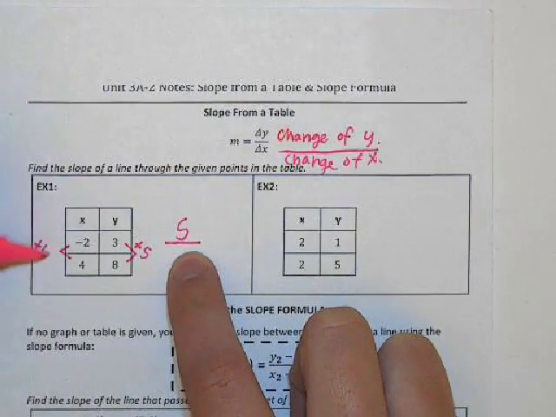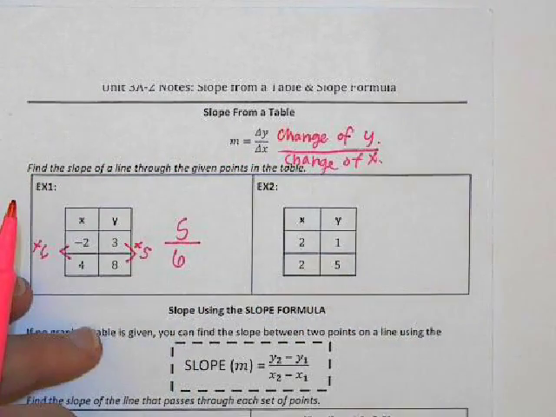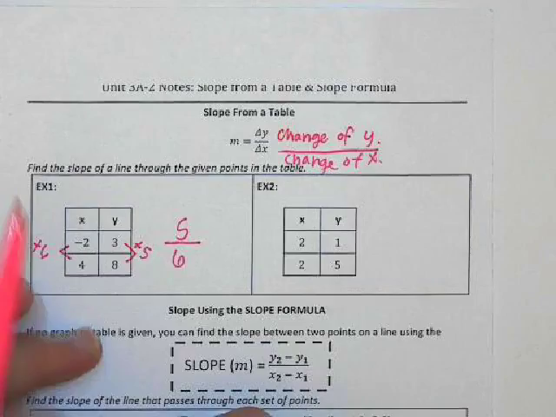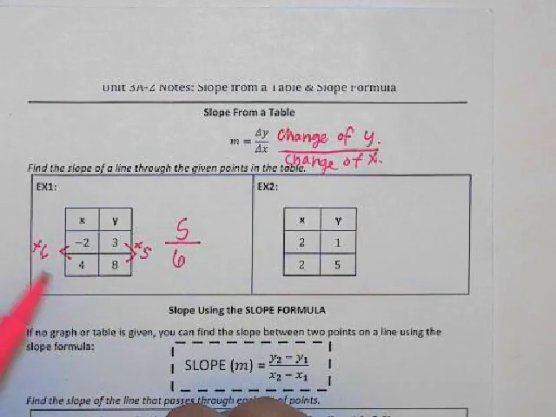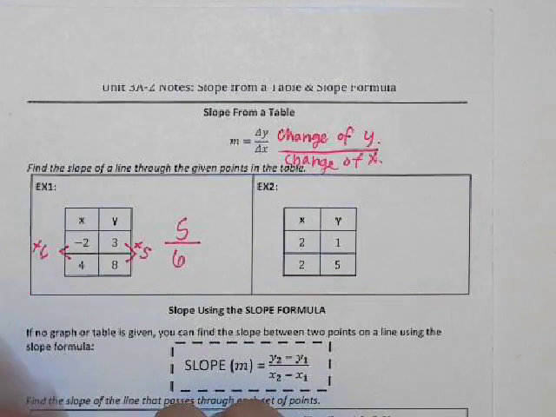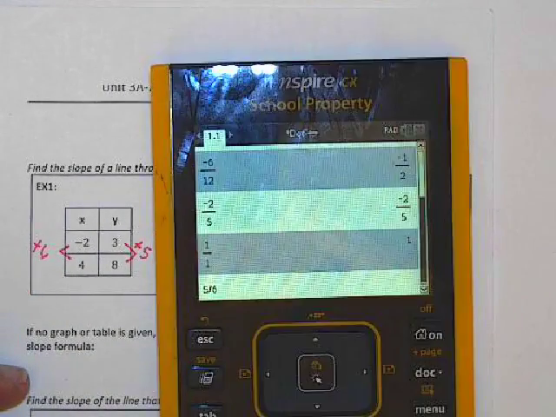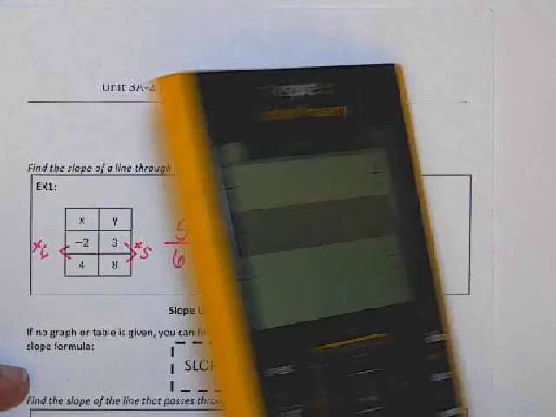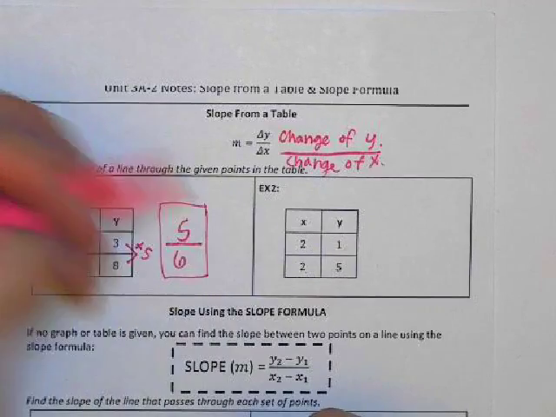So the change of x goes on the bottom. Why isn't there a negative? Because it goes from a negative to a positive, so it's getting bigger, so it's moving in a positive direction. Okay? Can I reduce this? 5 over 6, I cannot reduce it. This is the slope from the table.